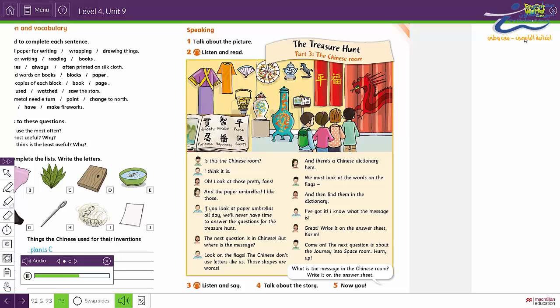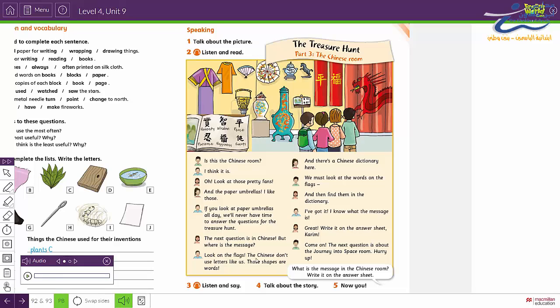Those shapes are words. And there's a Chinese dictionary here. We must look at the words on the flags. And then find them in the dictionary. I've got it! I know what the message is. Great! Write it on the answer sheet, Karim. Come on, the next question is about the journey into space room. Hurry up! What is the message in the Chinese room? Write it on the answer sheet.